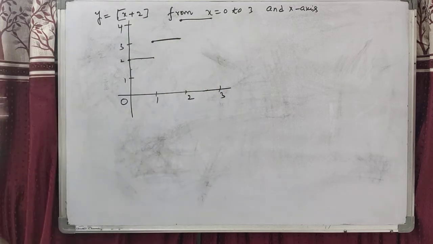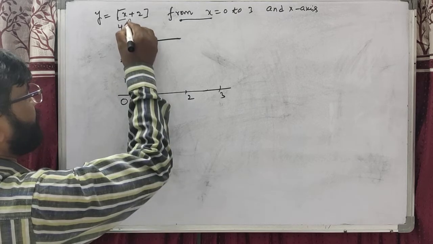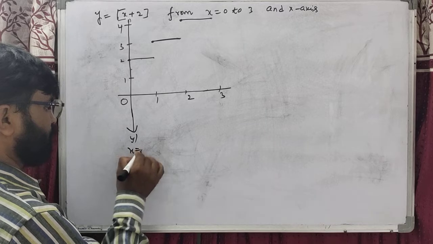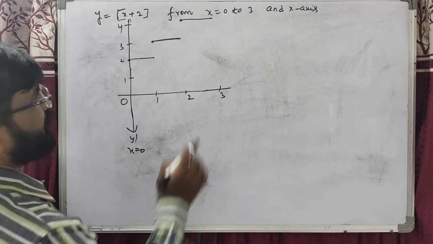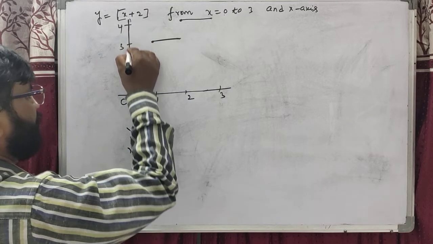So this is the graph, but we have to find the area in between 0 to 3. This is the y-axis. Y-axis means x equal to 0. This line is x equal to 0.